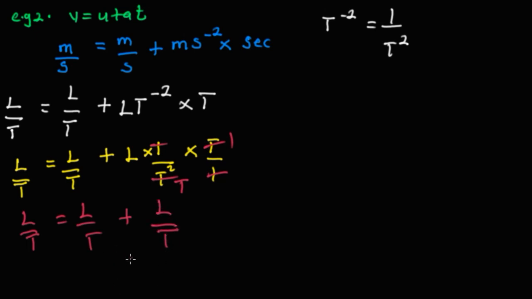T. We still take the LCM again, and the LCM is T. We do the same thing, and we're going to have 2L equal to L over T. And since this 2 is dimensionless, we know that L over T are both equal. So the equation is correct.